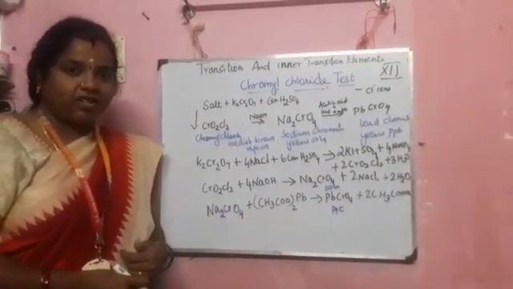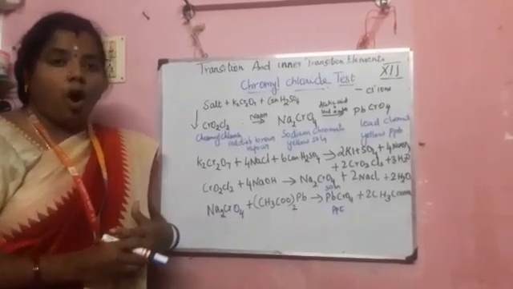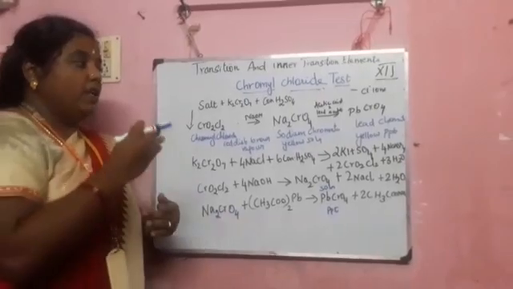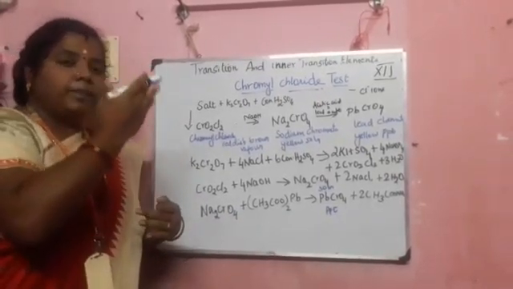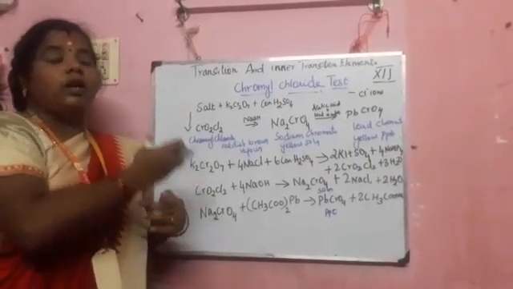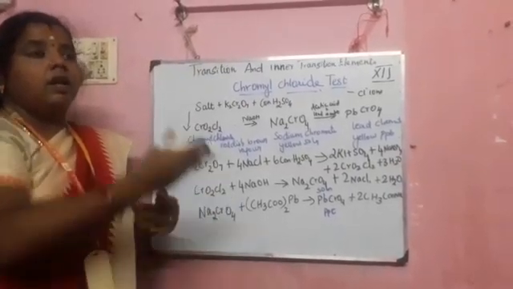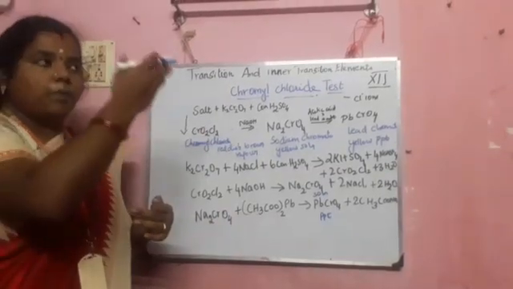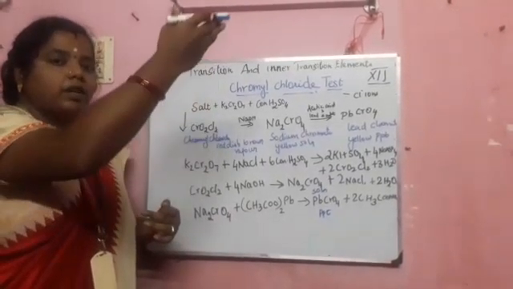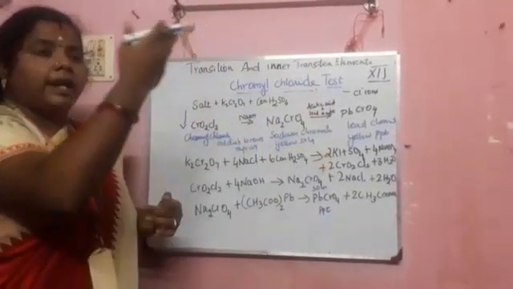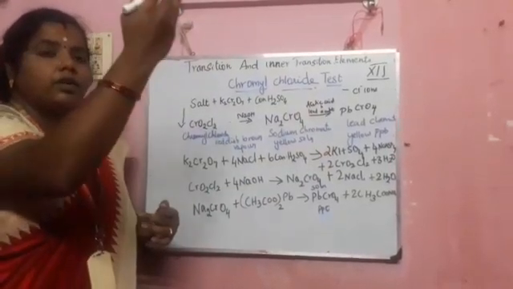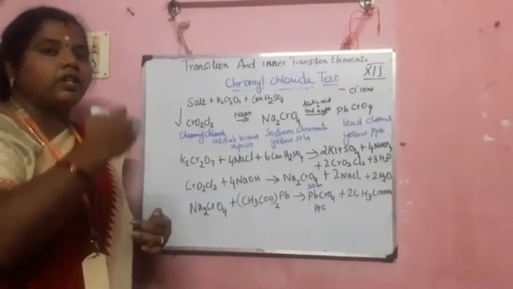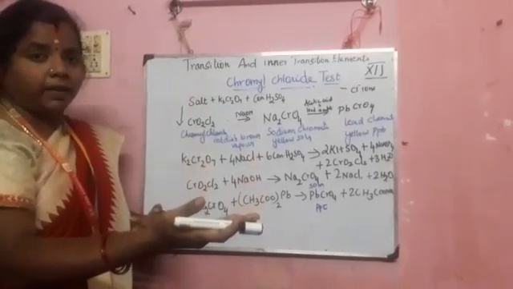In this video, we saw the preparation of sodium dichromate, which involves 3 steps. First step, chromate ore is converted into sodium chromate, then sodium chromate is converted into sodium dichromate, and in the third step, sodium dichromate is converted into potassium dichromate.